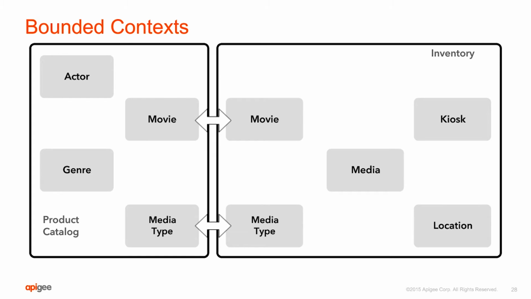People from, say, an inventory context are going to think about movies in a different way. And so allow them to do that. You get your data model, you get your data model, and then in the API layer, which I know is important to you, is where we define how one kind of movie translates into another kind of movie. What are the rules for communicating between these different bounded contexts? And we create contracts for that sort of thing.